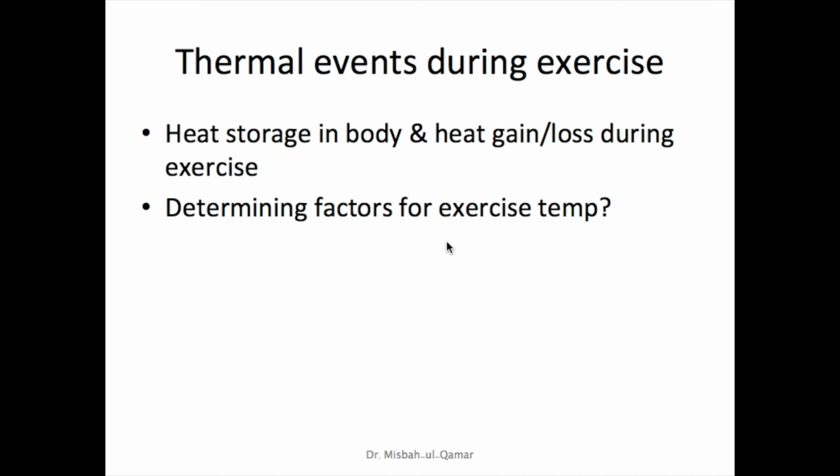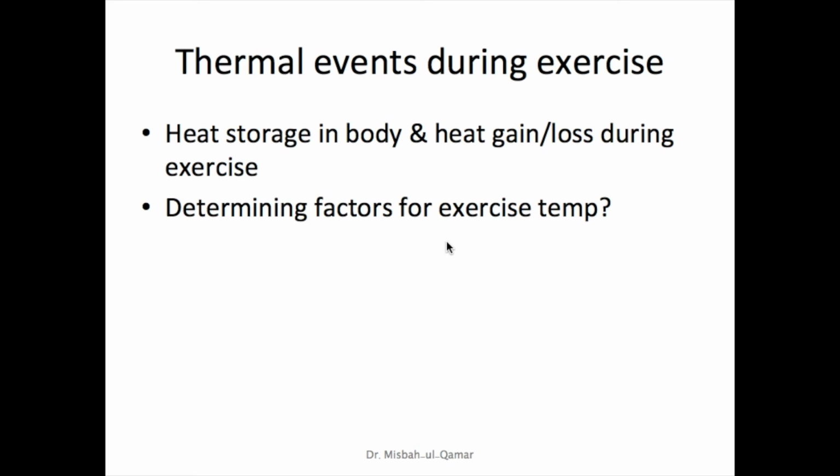However, the method of heat loss during continuous exercise is modified according to the ambient conditions. Now, you should keep in mind that any heat produced by the working muscles that is not lost must be stored in body tissues.